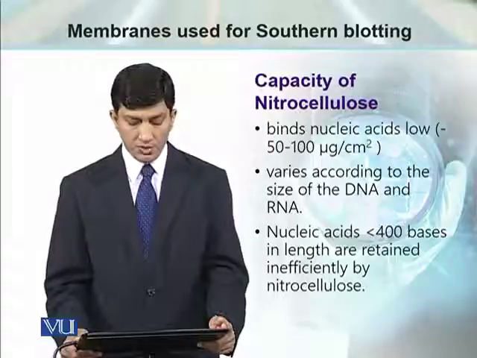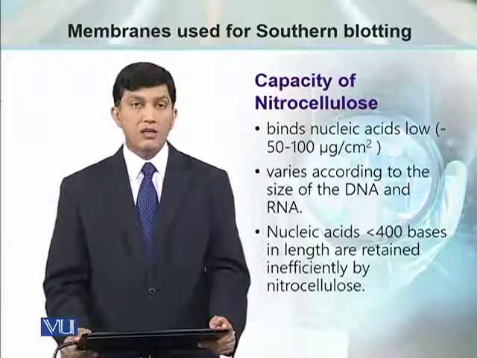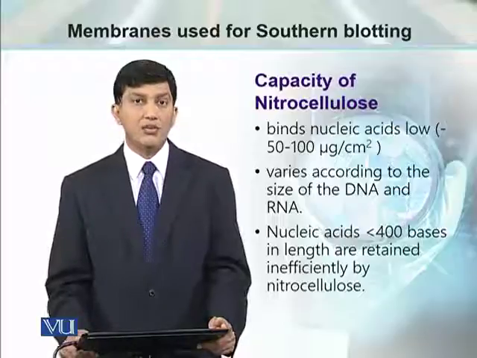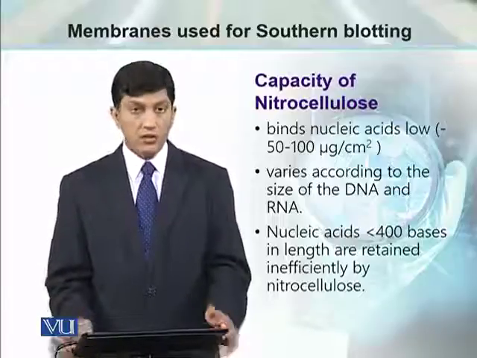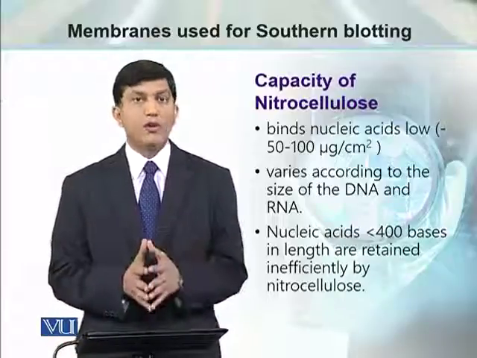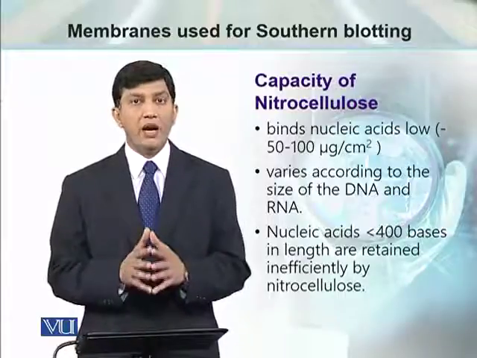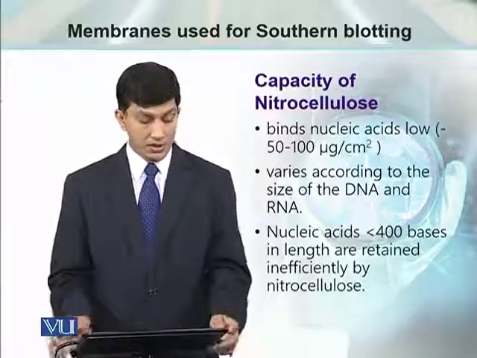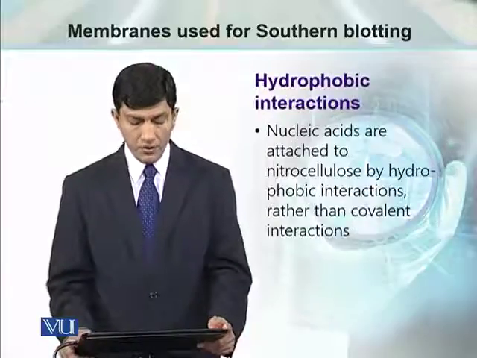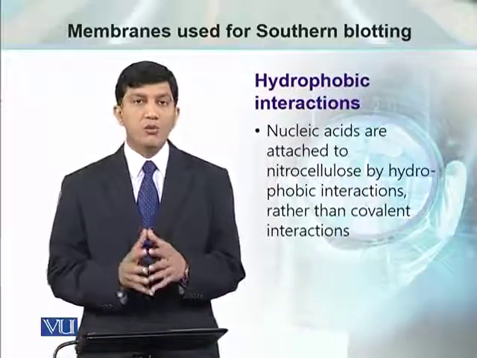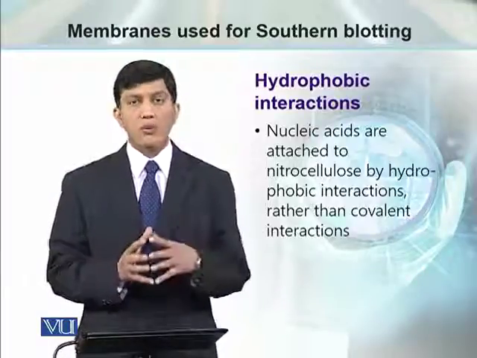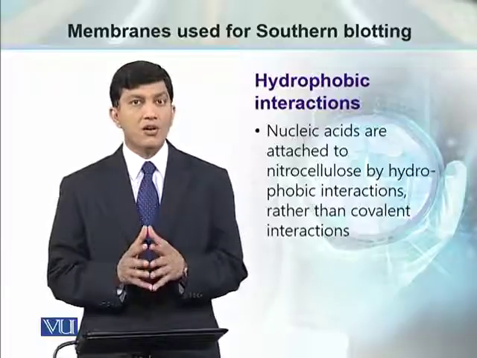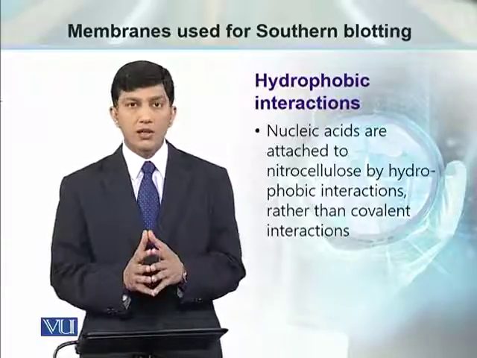capacity for attachment. Then its binding property varies as per size of the DNA or RNA. The nucleic acids which are less than 400 bases do not bind strongly or tightly with the membrane and cannot be studied using this membrane. Then the attachment between the nucleic acids and the membrane is by hydrophobic interaction, which is not as strong as covalent bonding.